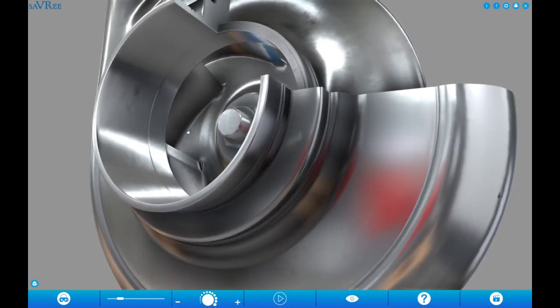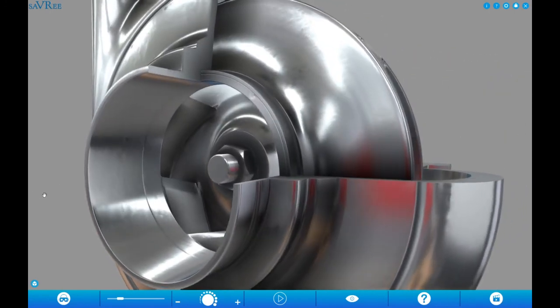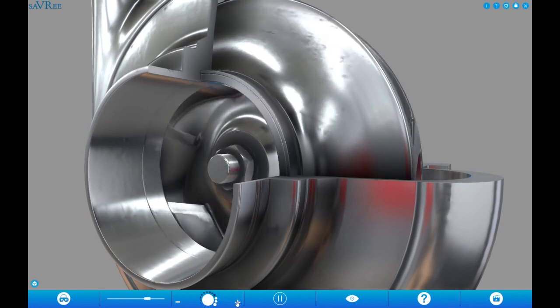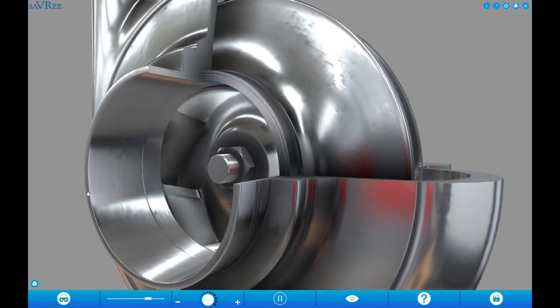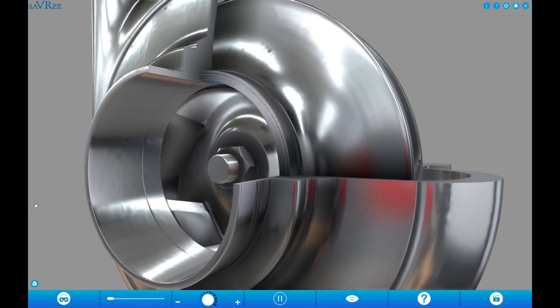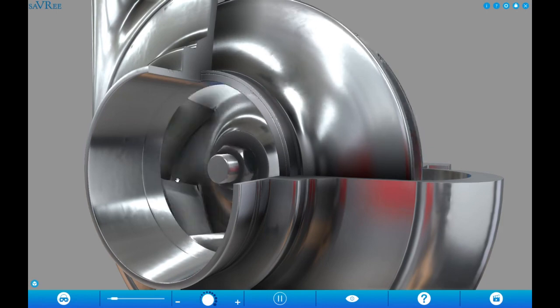Now you can see this is my impeller, and all the water is coming inside. The impeller is rotating at a very high speed, and if the water is coming with small bubbles inside it, those bubbles will come and hit and implode at the impeller.